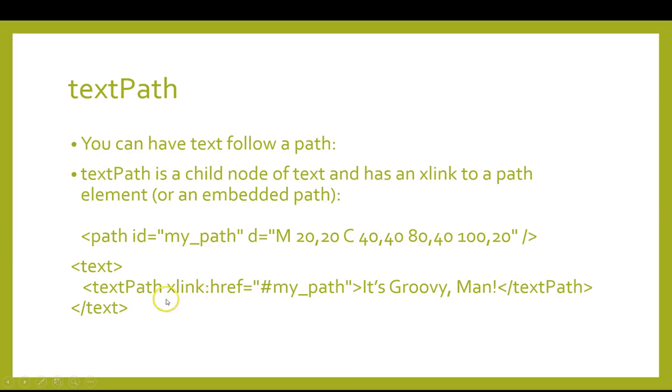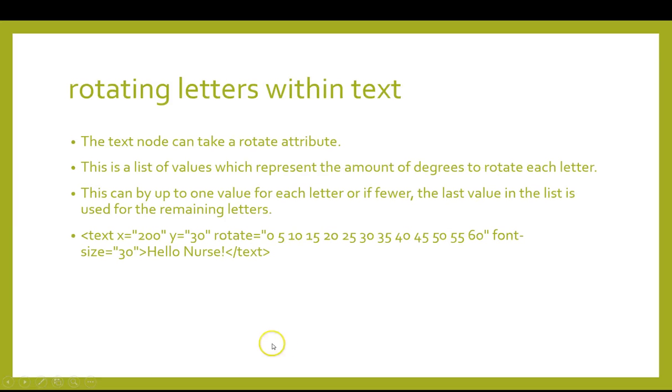And then basically, notice how this works. xlink:href equals pound myPath. That's the ID of the path that we want to use. You know how to use this from HTML, but of course, since we're using SVG, which is XML, we have to use the xlink namespace for that. Here's the text. It's Groovy Man, and you're going to see that here in a second in my Dreamweaver demo.